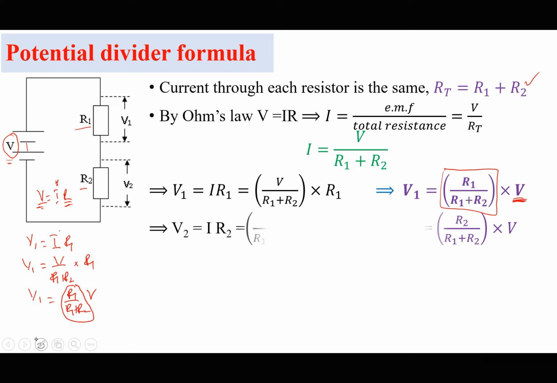That's why even for V2, we are getting R2 over R1 plus R2. These are called the potential divider formula.